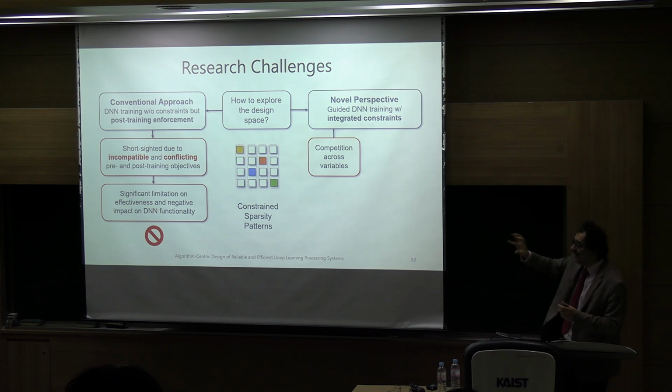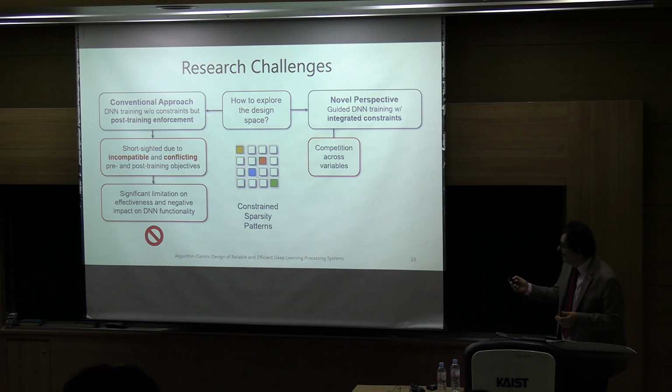So this is not the advertising of the solution, but rather telling you the challenges. So let's look at the challenges. One of the challenges is that while you are training this, there is going to be competition across the variables, because here, in every row there is only one guy, and in every column there is one guy.